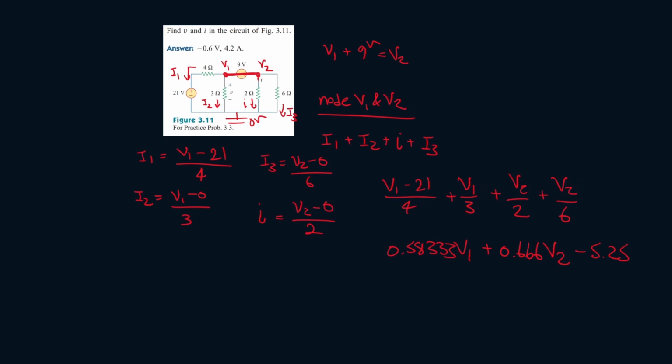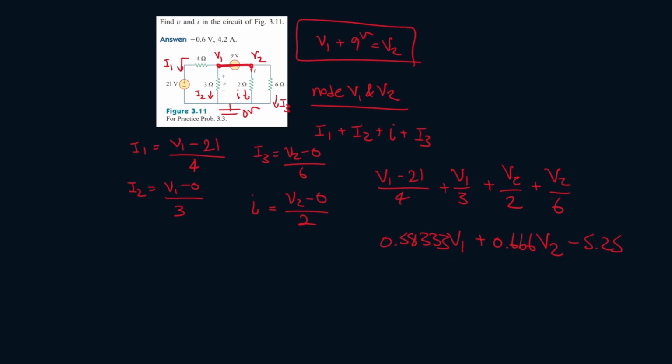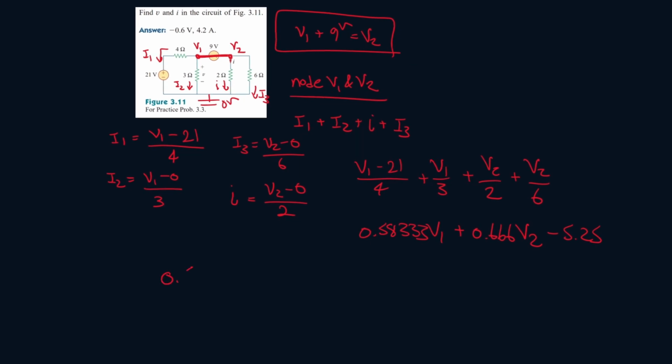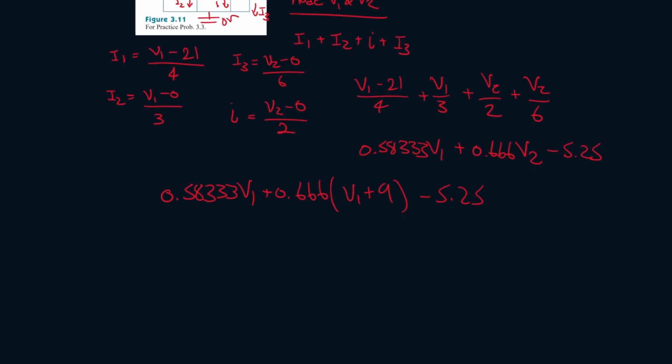Now we have two unknowns, but we can use the equation that we had before to solve for one. So let's plug in V2 as V1 plus 9. So it'll be 0.58333 V1 plus 0.666 times V1 plus 9, minus 5.25. Okay, so if you distribute 0.666 into V1 plus 9, we get the following.